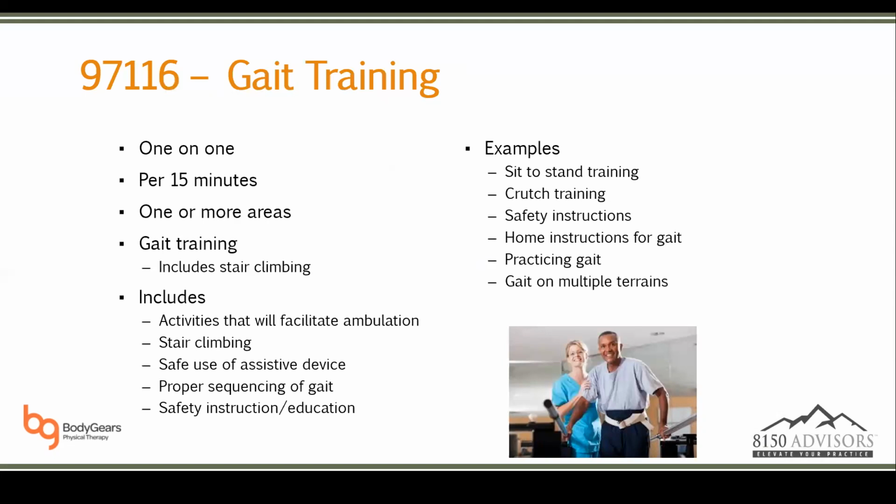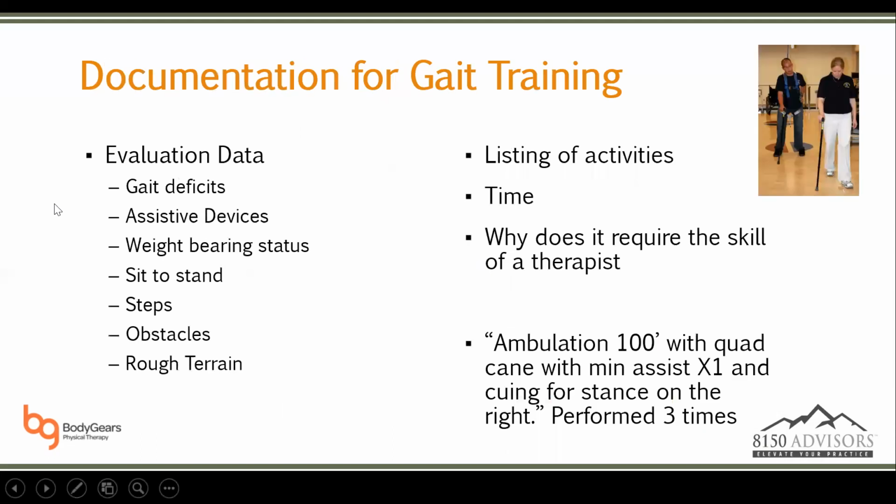Or you're progressing someone from non-weight-bearing or partial weight-bearing to full weight-bearing, or you're working on their gait pattern for that perspective. So this is your traditional gait training activities. And it includes straight line walking as well as stairs and obstacles and curbs, etc.